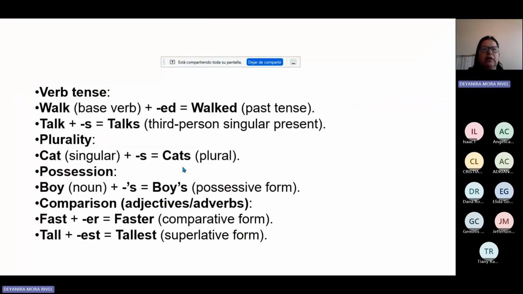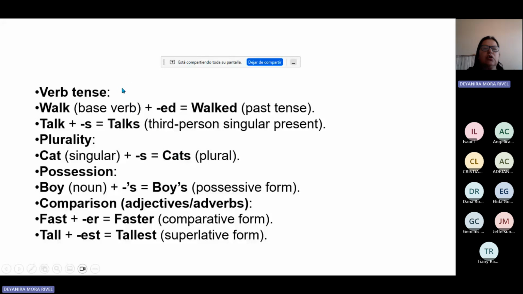Okay, so let's look at some. These inflectional bound morphemes are a list that exists in English and it doesn't change. There's only one change that might happen, but let's look at this.